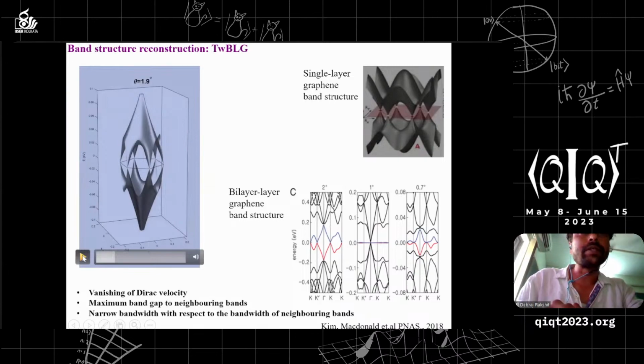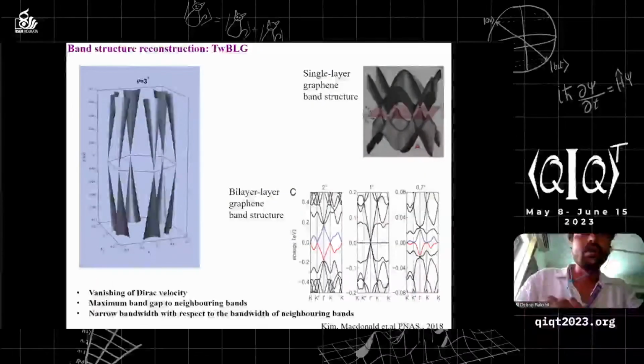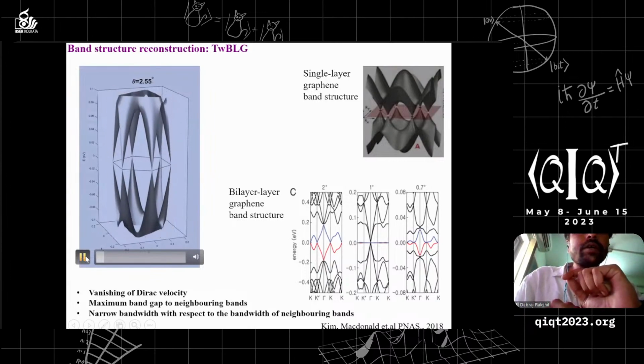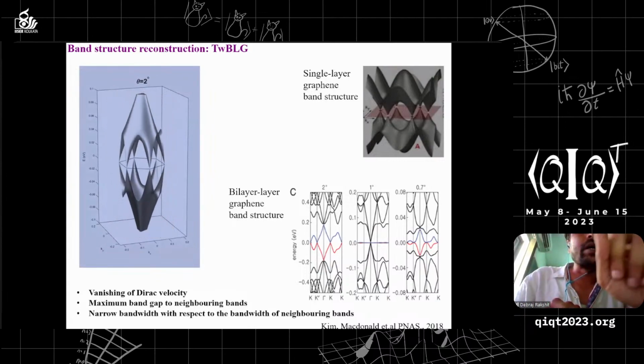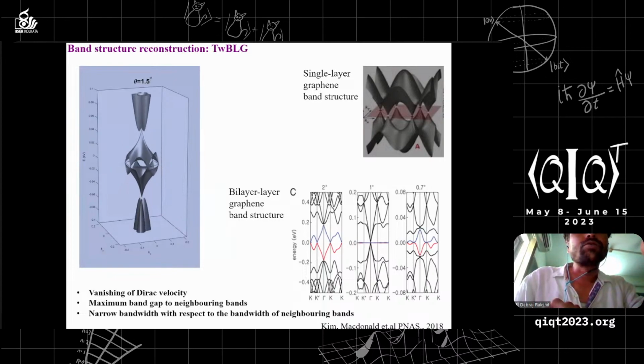Now see what happens when you are very close to 1 degree. Now it's going towards this 1 degree. You see that the middle band, the dispersive band, starts being flattened. And now it's completely flat, at 1.1 degree.